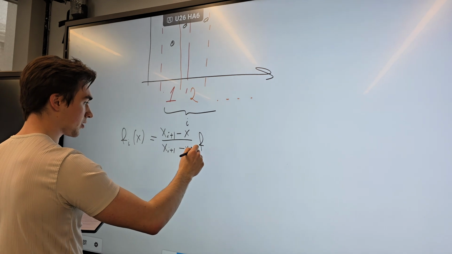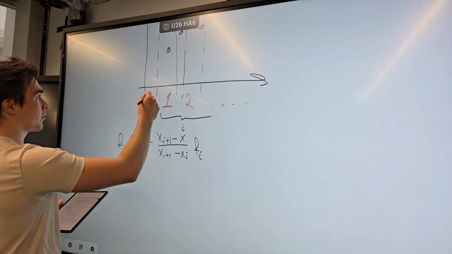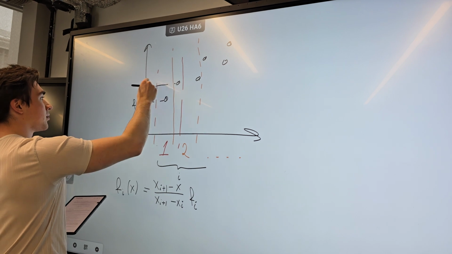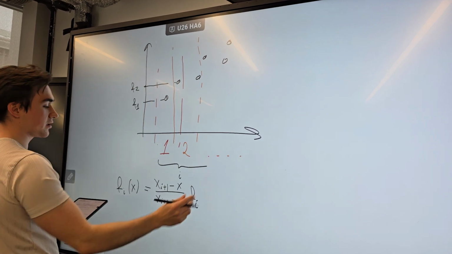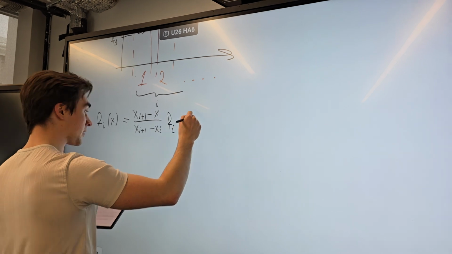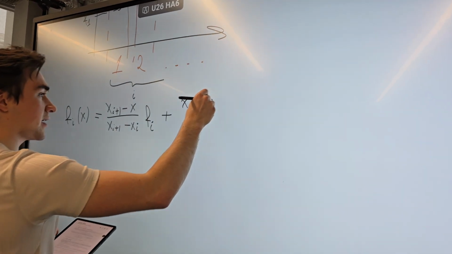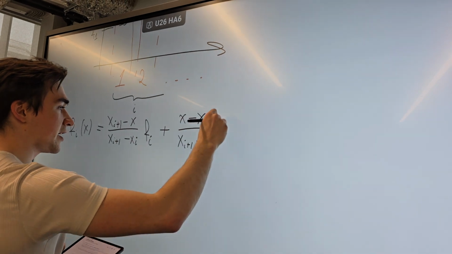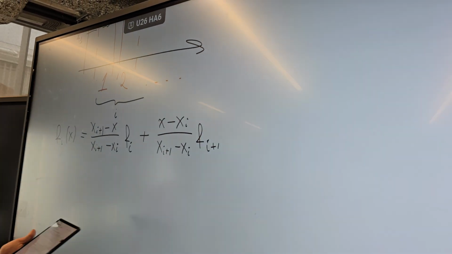Let's just denote f_i as the value of our function. This will be f_1, this will be f_2, and so on. And plus (x minus x_i) divided by (x_{i+1} minus x_i) times f_{i+1}.